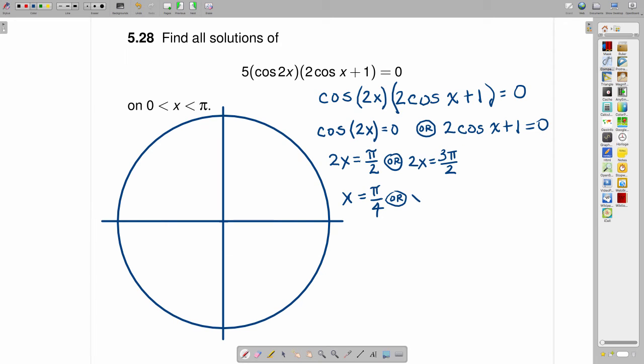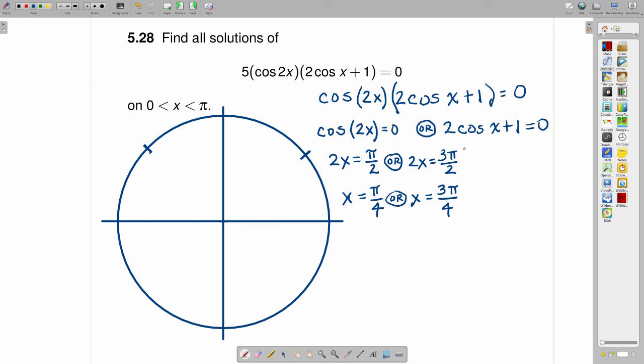And when you do so, you get x equals 3 pi divided by 4. And notice that both of those solutions, if you take a look, x equals pi over 4 is falling right here on the unit circle, and x equals 3 pi over 4 is falling right here. So both of those do fall in the range from 0 to pi.